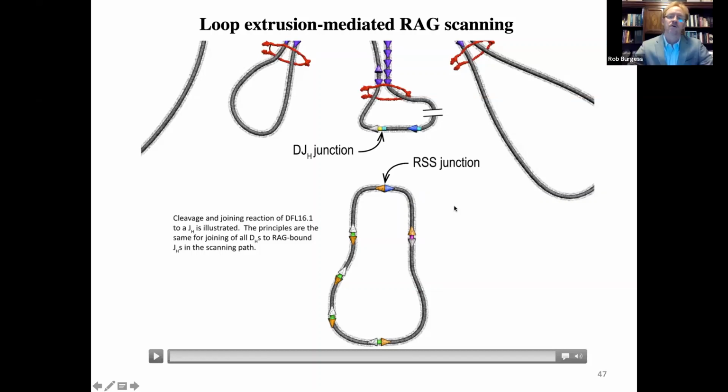So wow, it can go up to many megabases. But what's the limit? It's difficult to say, and it depends on, for example, under WAPL depletion, what's the maximum association time of cohesin on the chromatin, and what's the translocation speed of cohesin?